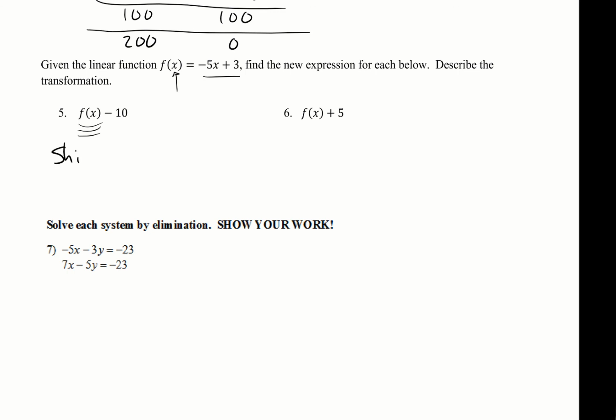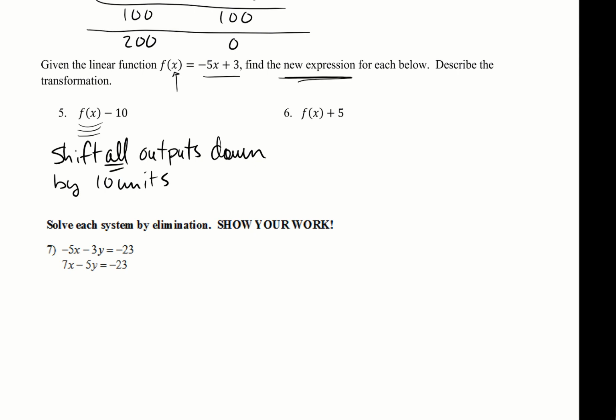Shift all outputs down by 10 units. And then it says write an expression for what this looks like now. You can see the expression is the part of this. This is the function name.